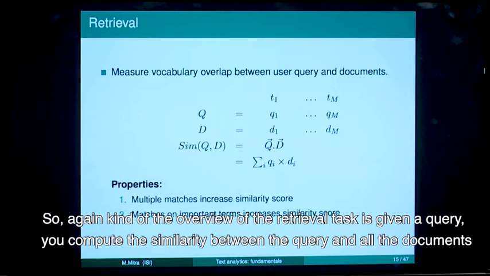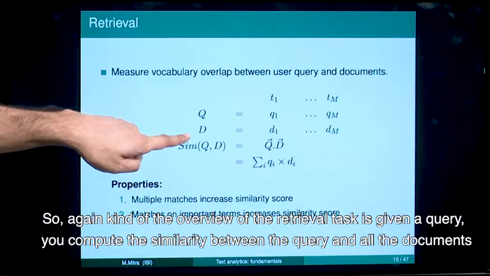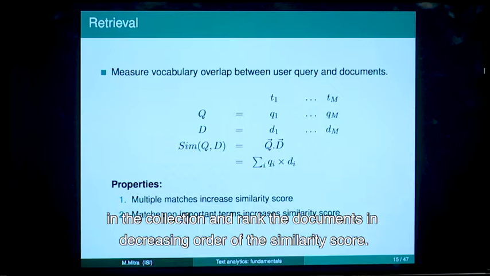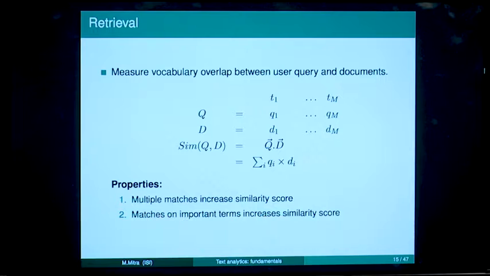So, the overview of the retrieval task is, given a query, you compute the similarity between the query and all the documents in the collection and rank the documents in decreasing order of the similarity score. The expectation being that the documents that most match the user provided keywords will come up at the top of the ranking.